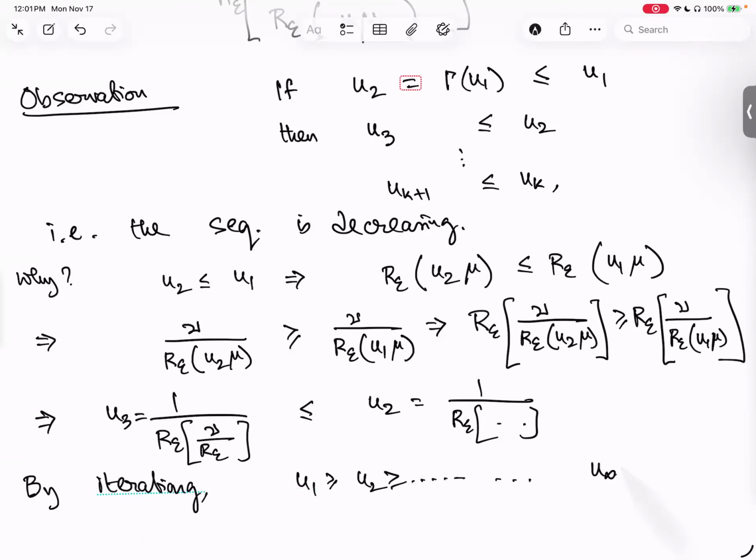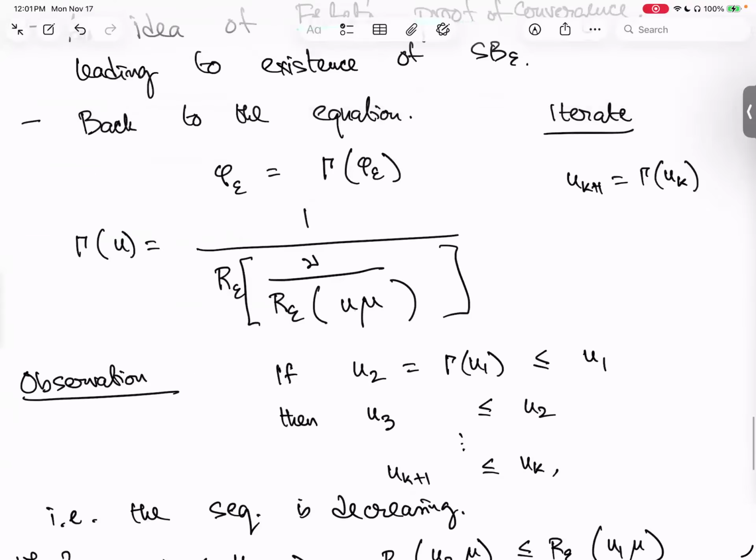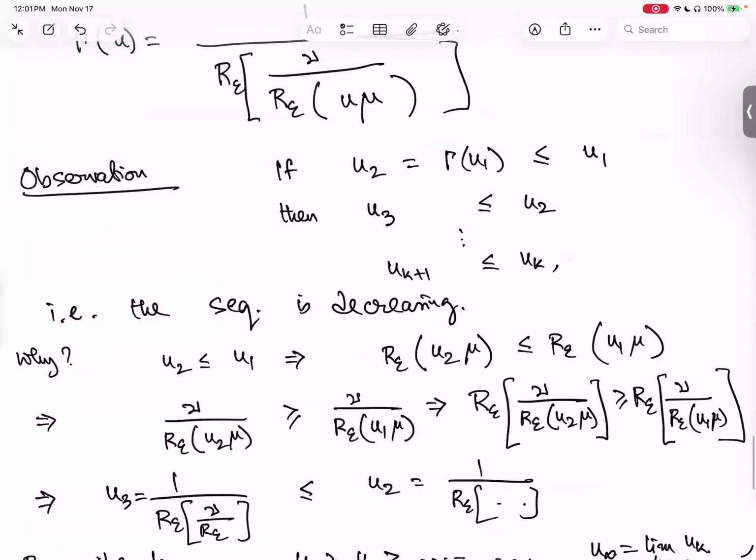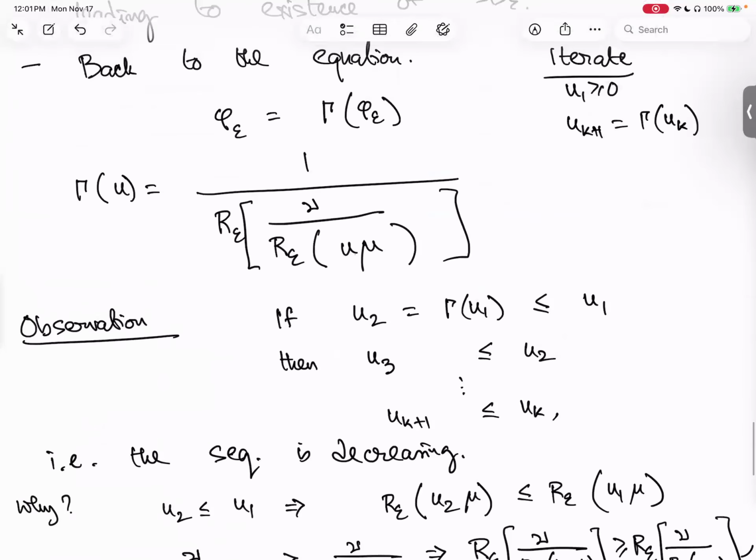Therefore, U infinity, which is the limit of UK, must exist. I'm assuming everything is non-negative, so it also follows that every UK is also non-negative. So if U1 is non-negative, every U2 is non-negative.